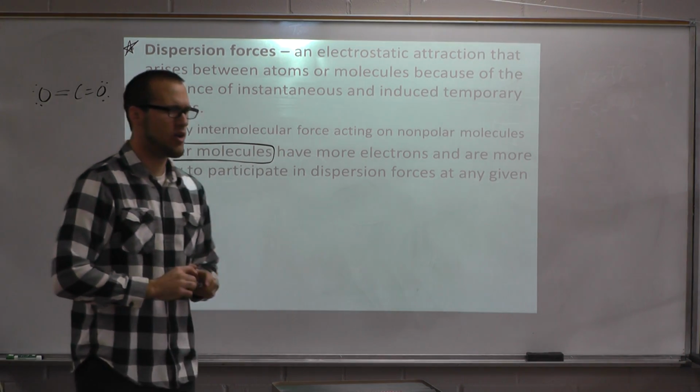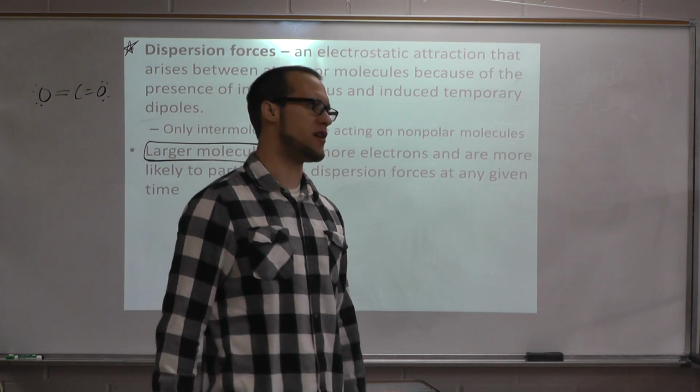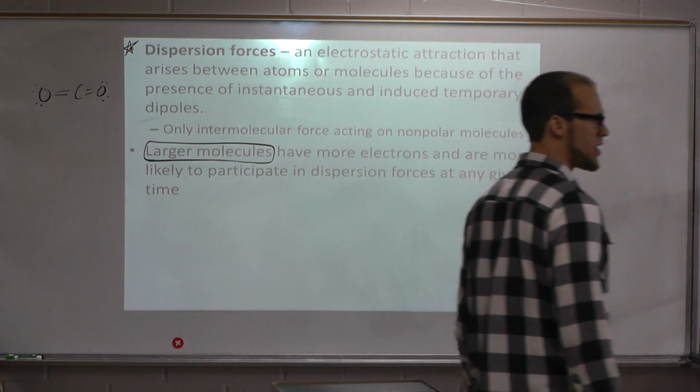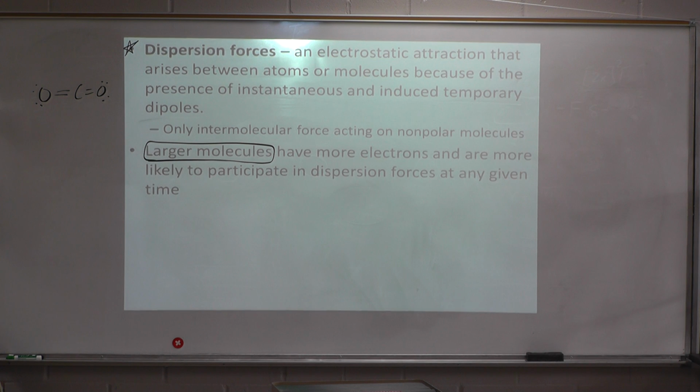Any idea why dispersion force could get relatively strong if we're talking about a really big molecule? Electrons have a looser orbit. Okay. Good guesses. Not right, but that's okay.